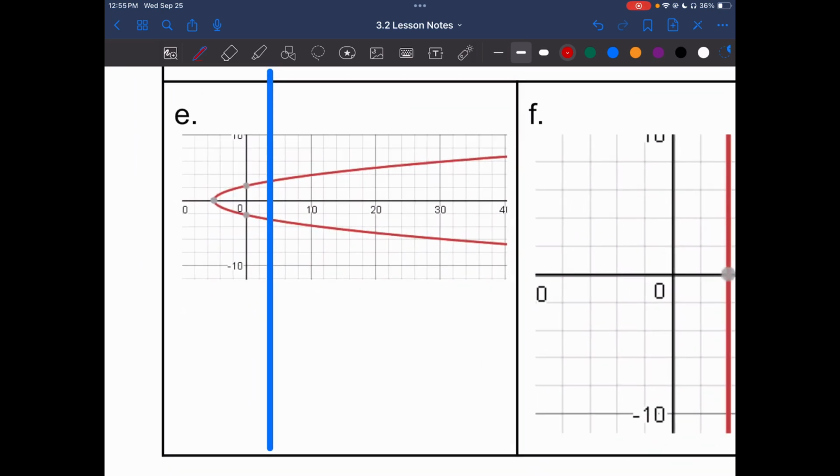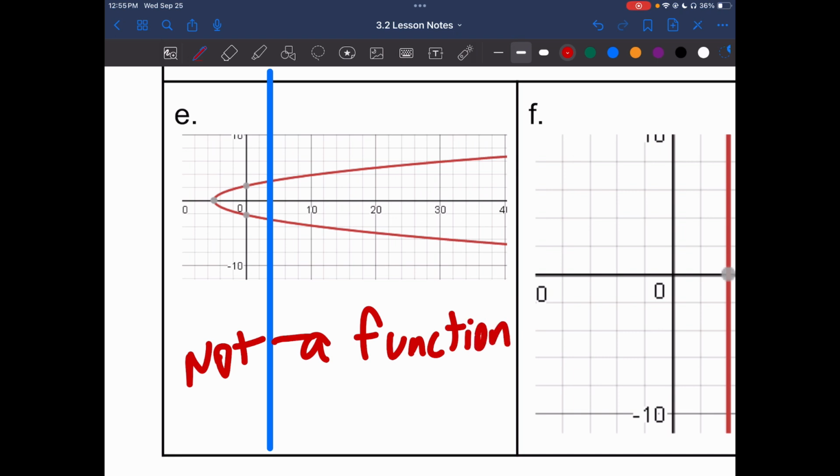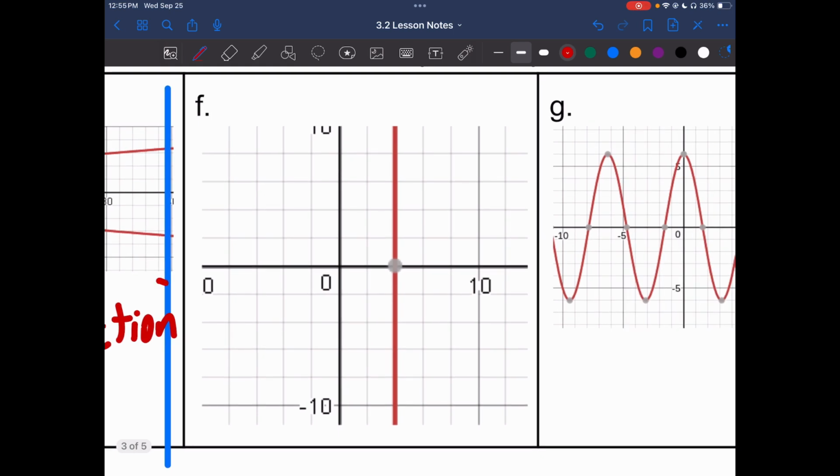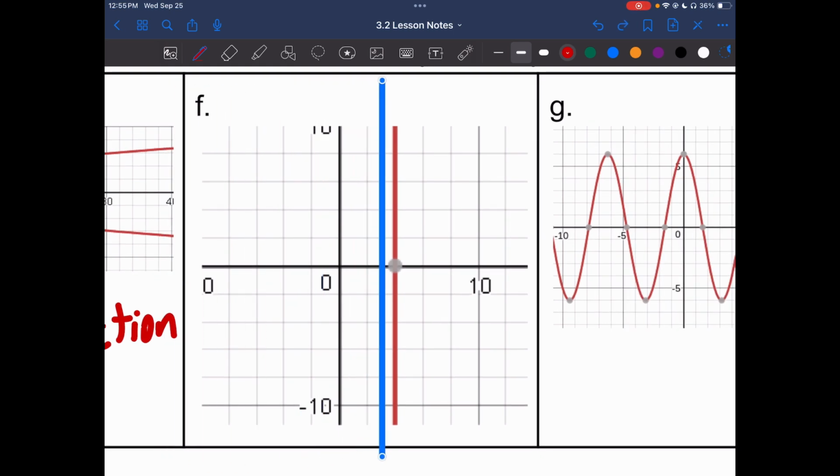All right, letter E, as I put my line on here, I see that this is not a function because our line is touching more than one point. Now, what about letter F? What's going on here? Well, if I put my vertical line on this, hey, look, my line almost disappears. And that's because this is a vertical line.